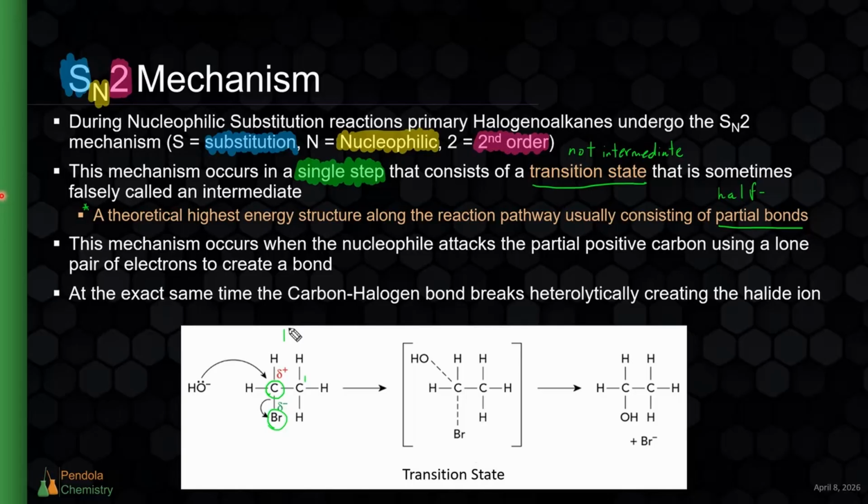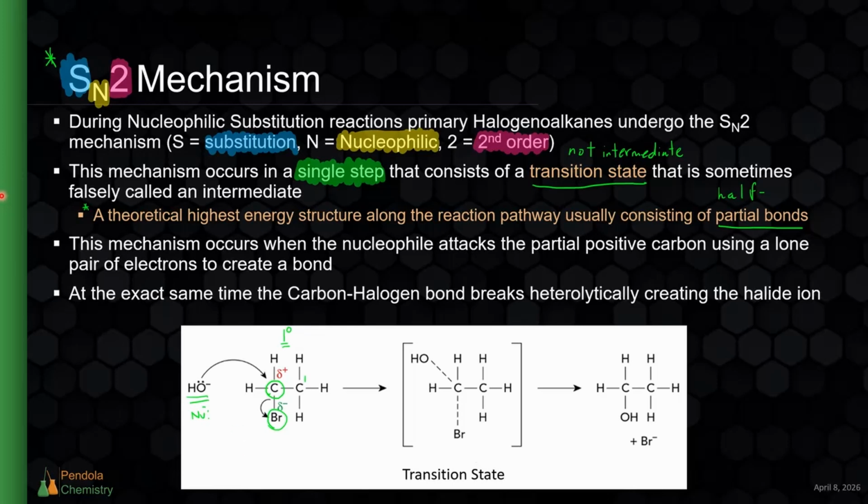So that makes this a primary halogenoalkane. Because it's a primary halogenoalkane reacting with a nucleophile, in this case our nucleophile being hydroxide ions, this is going to undergo an SN2 mechanism. Because again, it's a primary halogenoalkane undergoing a nucleophilic substitution reaction.